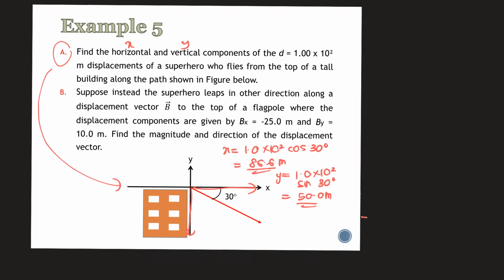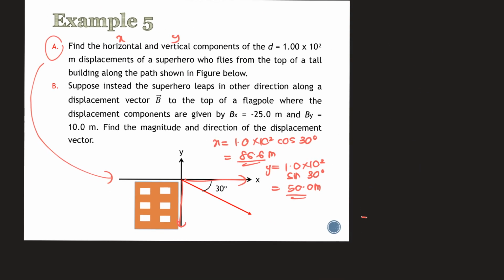So how about question B? Question B asks you a different question. They already give you the components, but the question asks you to find the magnitude and the direction. You already have the components, so the magnitude of B, the resultant, is always positive because it is inside the modulus.